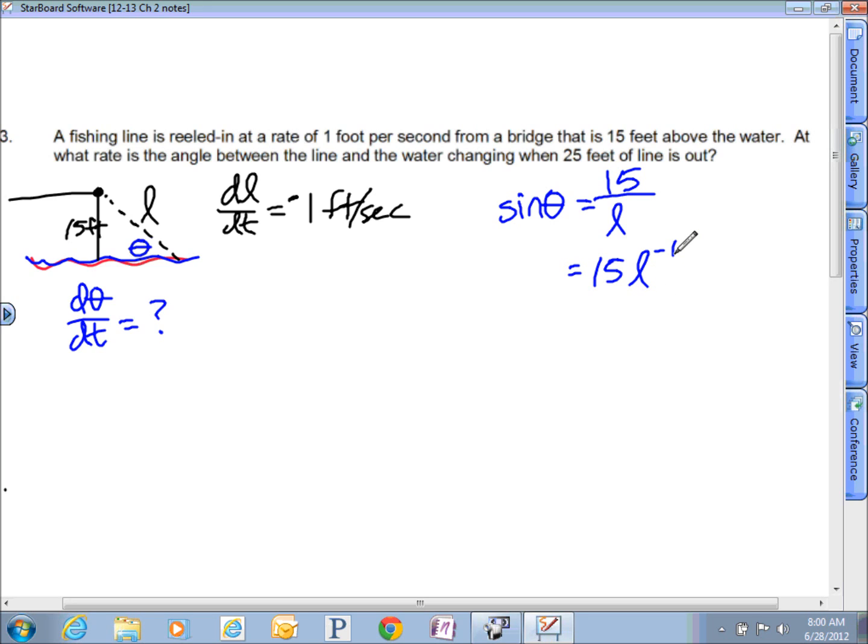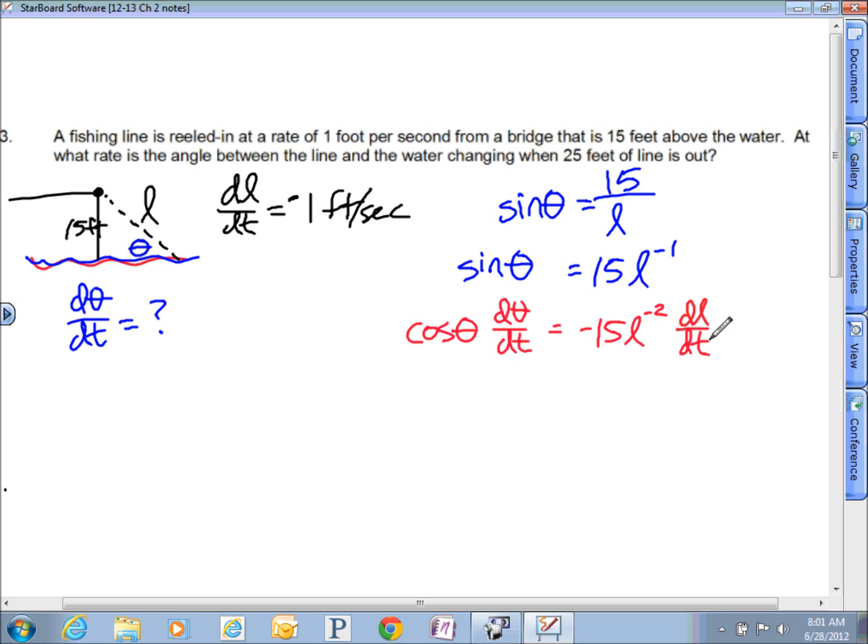Now I've related my variables, so I'm going to take the derivative with respect to time. Derivative of sine of theta would be cosine of theta, but remember, theta is its own function of time, so I'd have to multiply that by d theta/dt. The other side, negative 15L to the negative second, and again, L is a function of time, so we'd need a dL/dt over here.